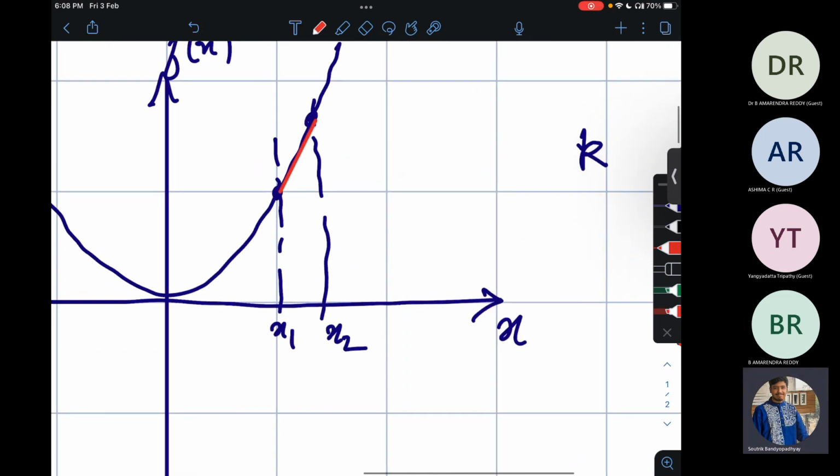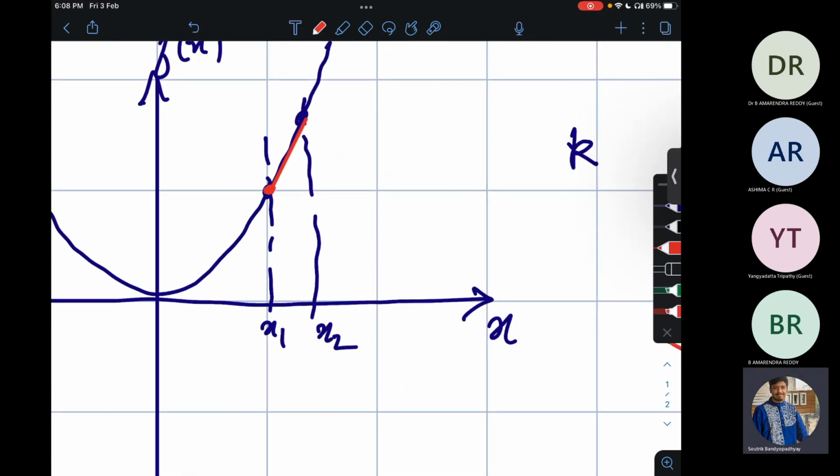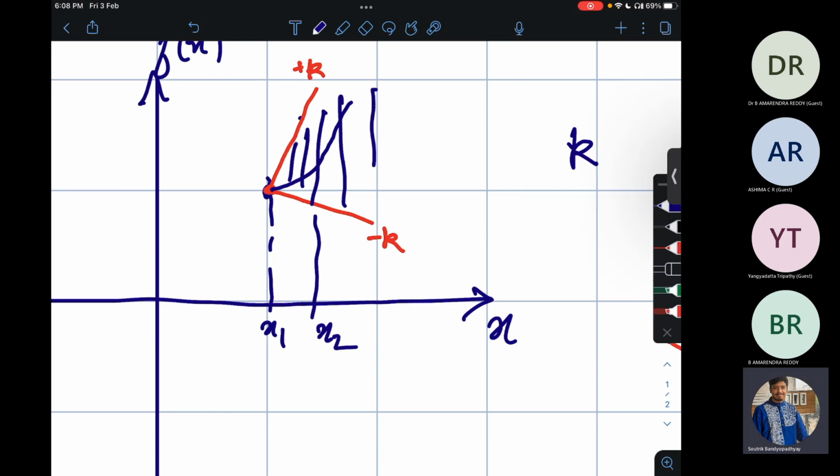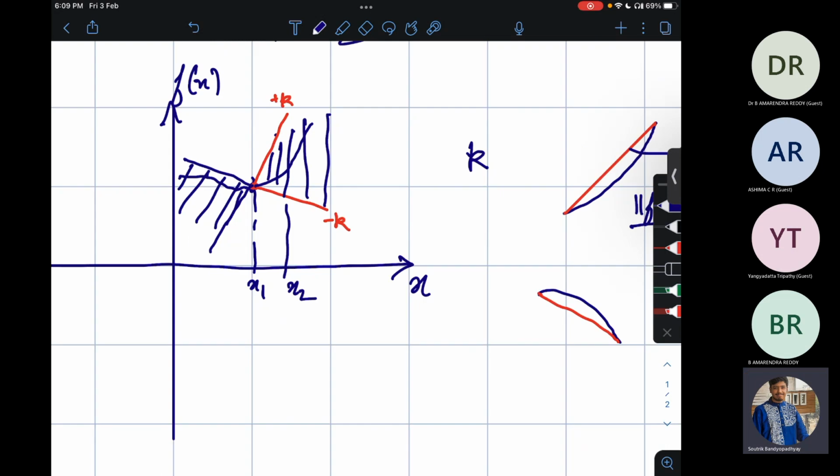So in essence, if you look at this point over here, the function must lie in this cone, which is plus k slope and minus k slope. Whatever the value of the function may be, it must lie in this conic region, and similarly over here as well.